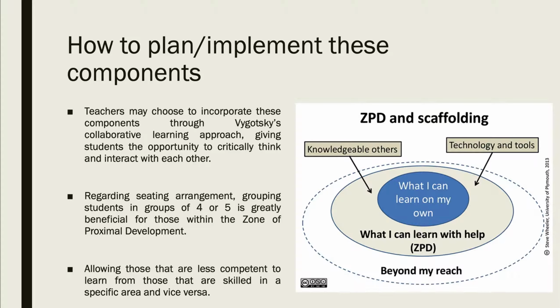Regarding seating arrangement, grouping students in groups of 4 or 5 is greatly beneficial for those within the zone of proximal development. It allows those that are less competent to learn from those that are skilled in specific areas and vice versa.